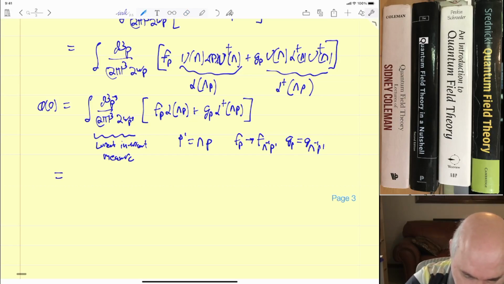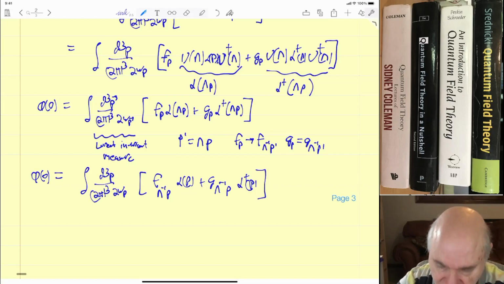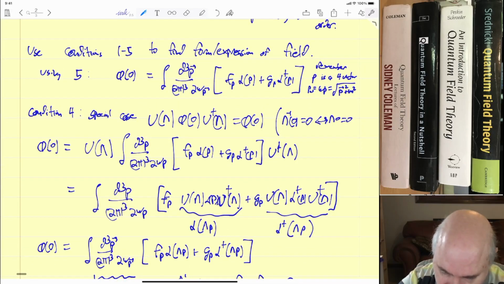So we end up that φ of 0 is the integral d³p over (2π)³ 2ω_p, f(Λ⁻¹p) α(p) plus g(Λ⁻¹p) α†(p). Now if we compare this final expression with what we started with, remember the α(p)'s and α†(p)'s are independent operators for each p.